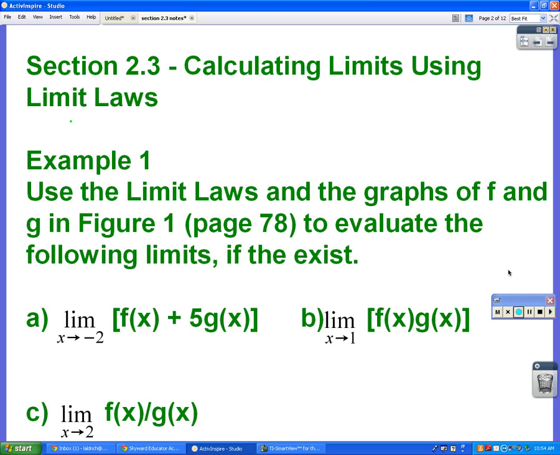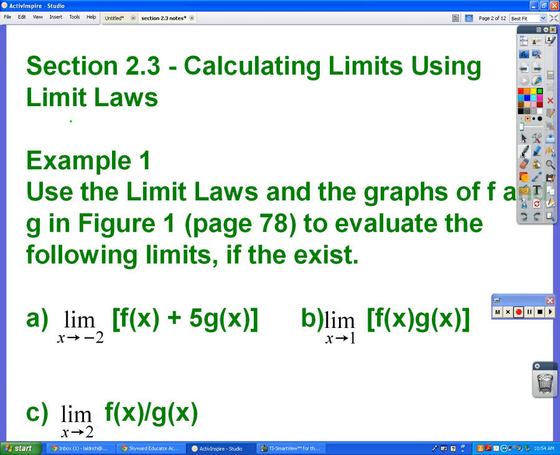So you should be on page 78. First of all, what's the limit as x approaches negative 2 of f of x? What's this part right here? 1. Okay.